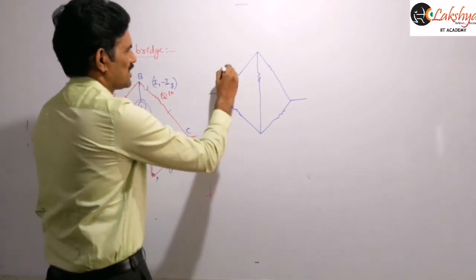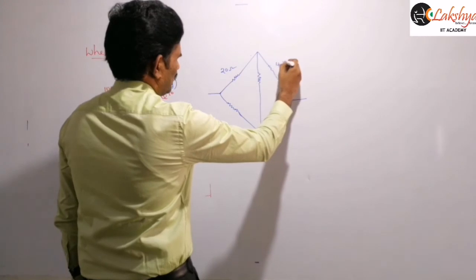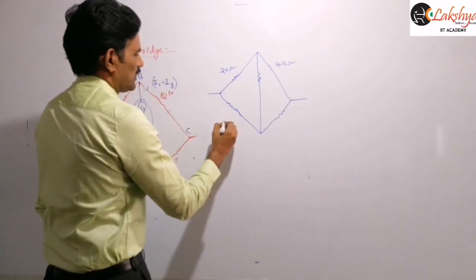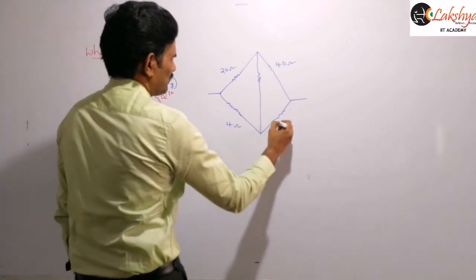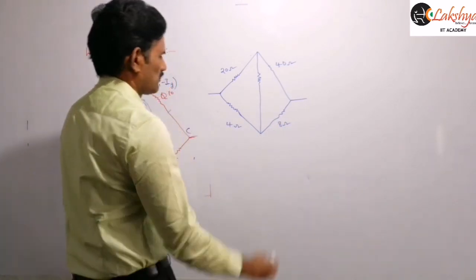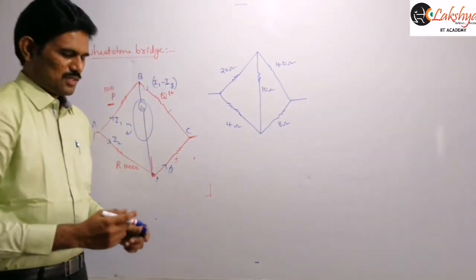Here, for example, this is 20 ohms and this is 40 ohms, and this is 4 ohms and this is say 8 ohms, and this is say some 10 ohms, right?